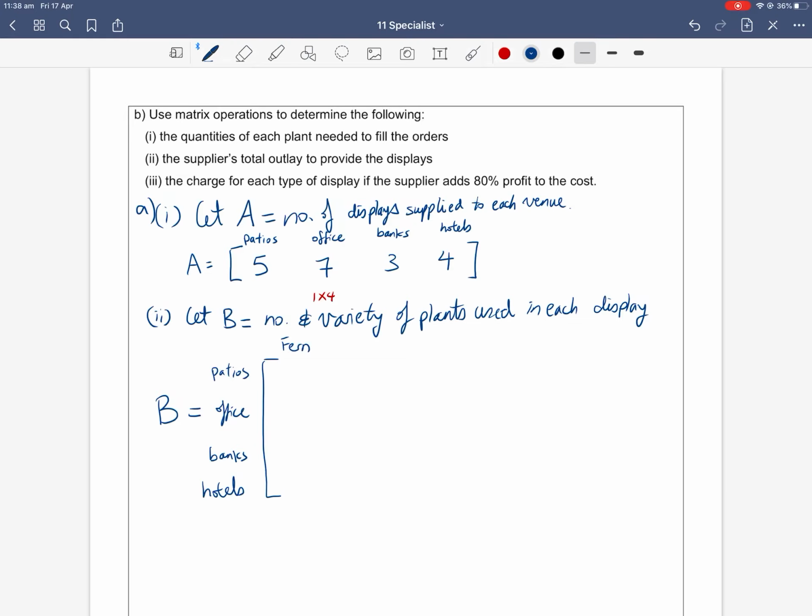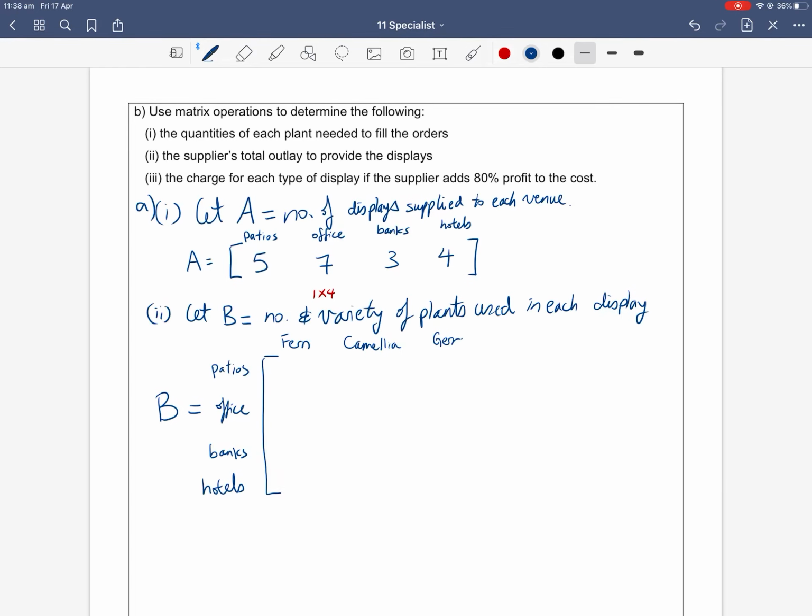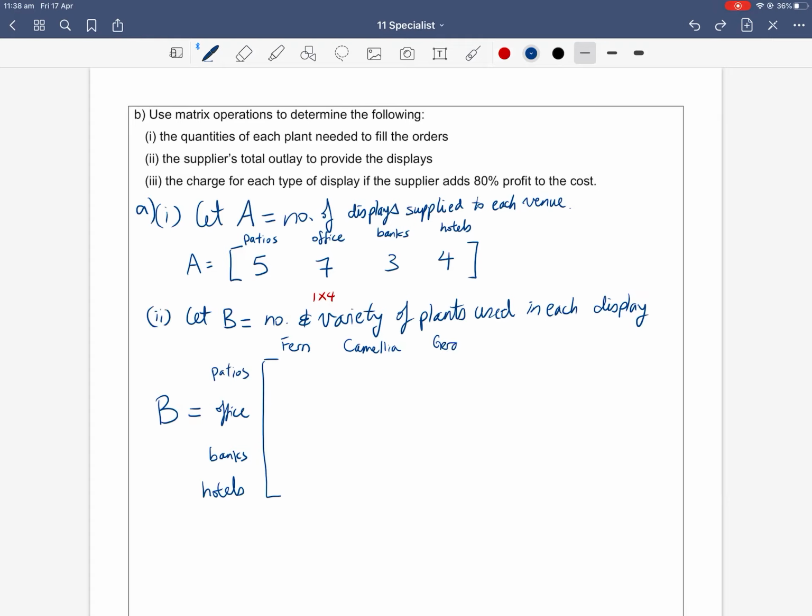And then we said there were 6 different types of plants. So we have fern, we have camellia, we have geranium, we have hanging plants, we have indoor plants, and then we have palms.